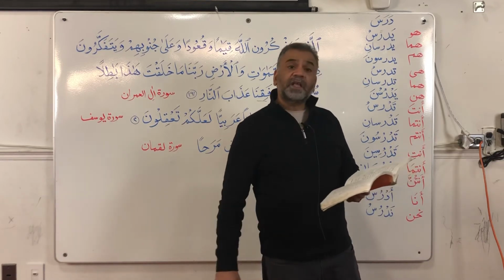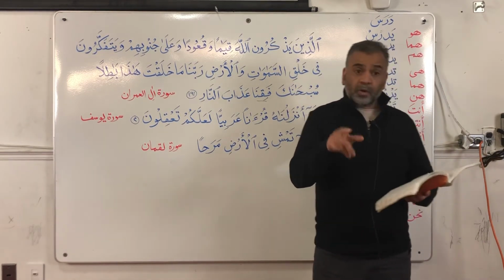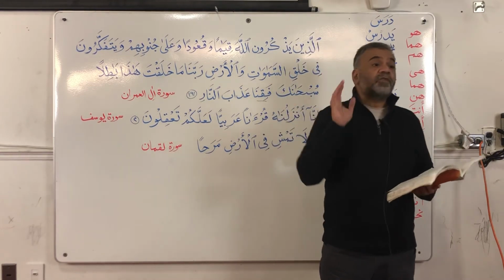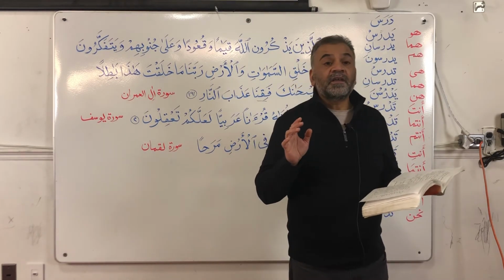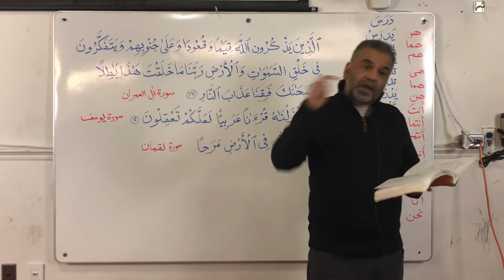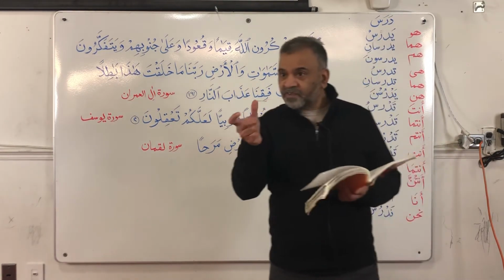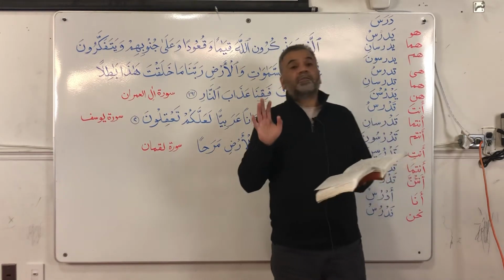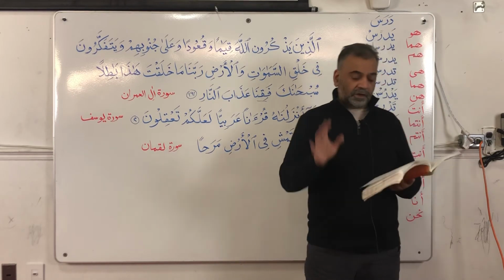Now remove Hamza of istifham from this sentence, it will become a statement. Bring Hamza of istifham back, it will become a question. This is a litmus test that we do, right? Abdullah said, Naam, harful jawab, yes. So he's confirming that he is a student.